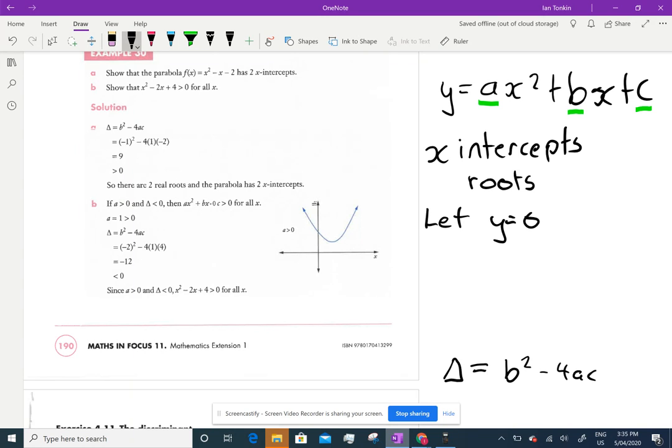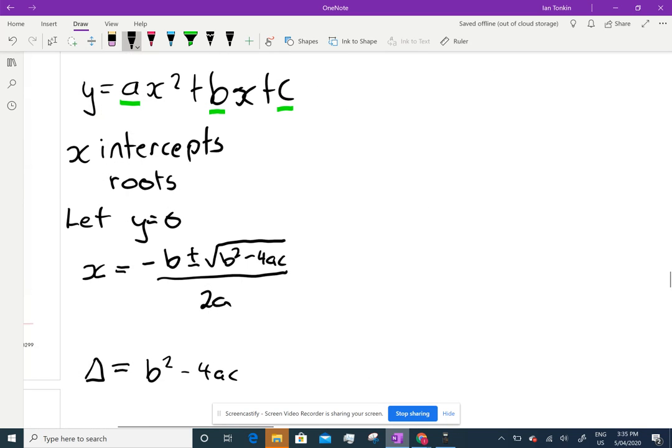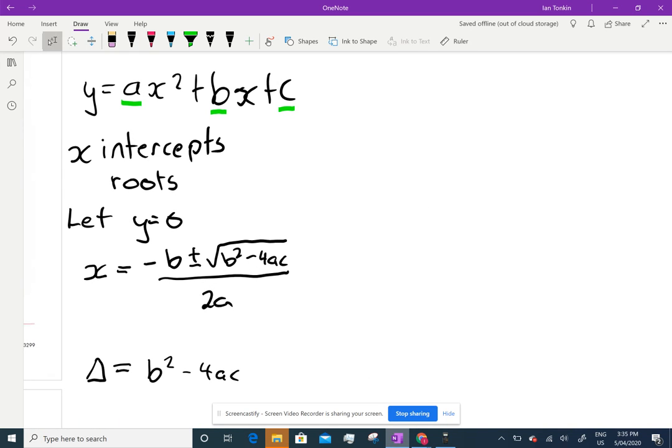When we do the completing the square with the general form of the quadratic equation, we get the quadratic formula, which is x equals negative b plus or minus the square root of b squared minus 4ac, all over 2a. Now you will always get two solutions when you solve this.